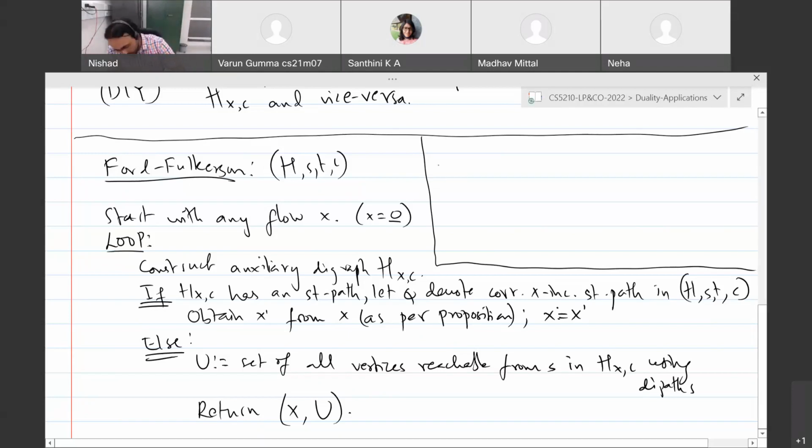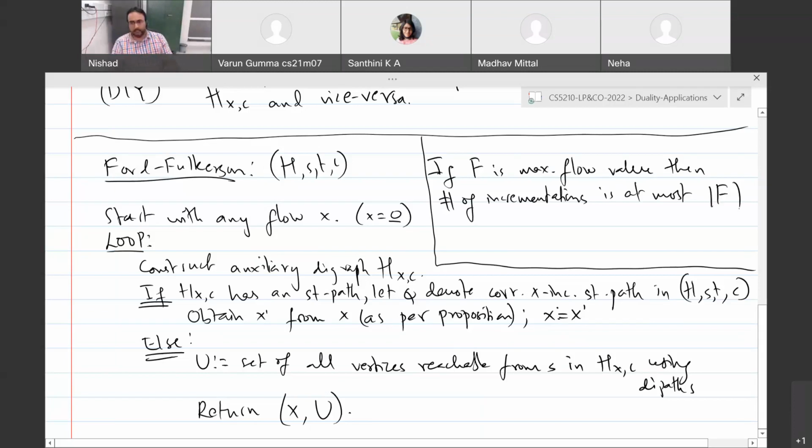So if capital F is the maximum flow value, then the number of incrementations is at most F, because every time you will increase the flow by at least one, always making integral changes. So you will take at most that many steps to get to the maximum flow.